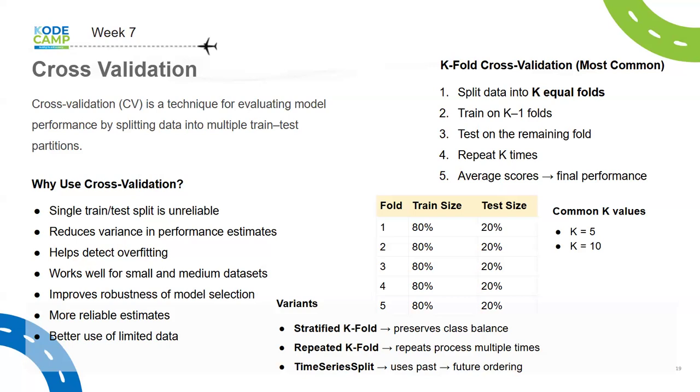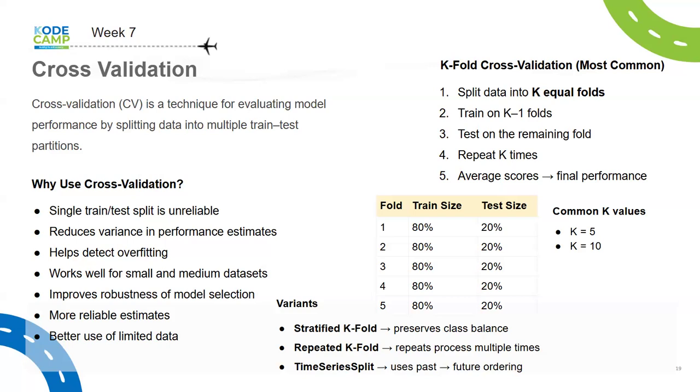But the reason why cross-validation came up as a method is that unreliability I just talked about. With cross-validation, you can also reduce the variance in your performance estimate. Because remember, you are doing your performance estimate with the test data or the validation data, so when you use cross-validation, you even that out a bit.